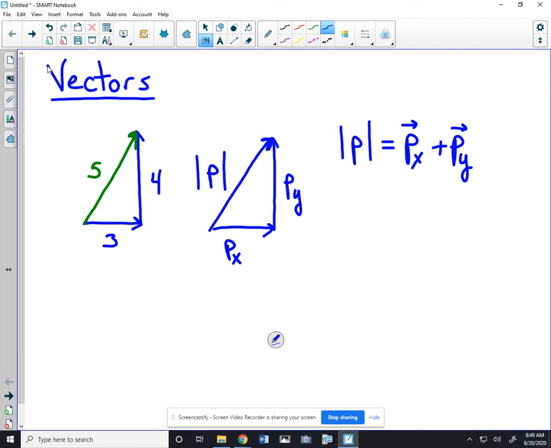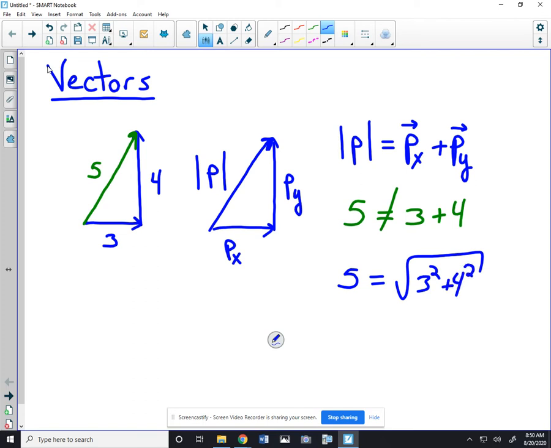But that's not the same as writing it numerically. I don't write 5 equals 3 plus 4. Right? That's not true. And so vector addition happens geometrically, not using straight arithmetic. And of course, based on your experience with the great Pythagoras, you know that this 5 is actually the square root of 3 squared plus 4 squared.